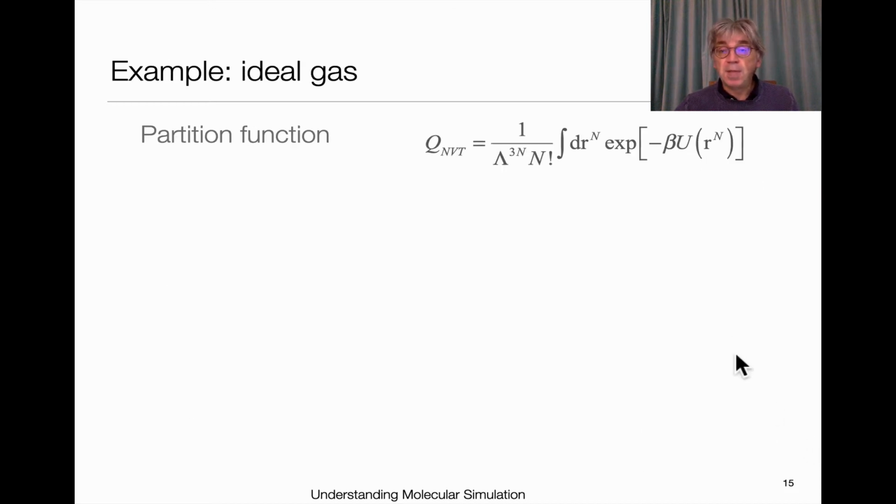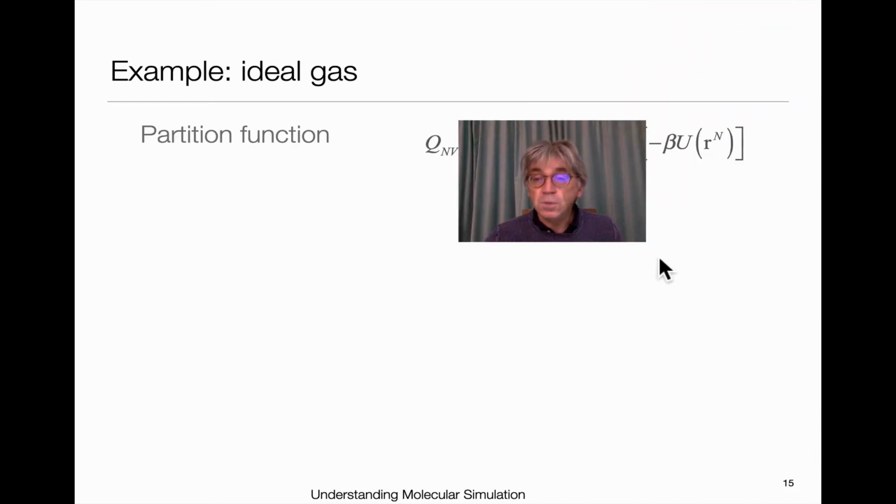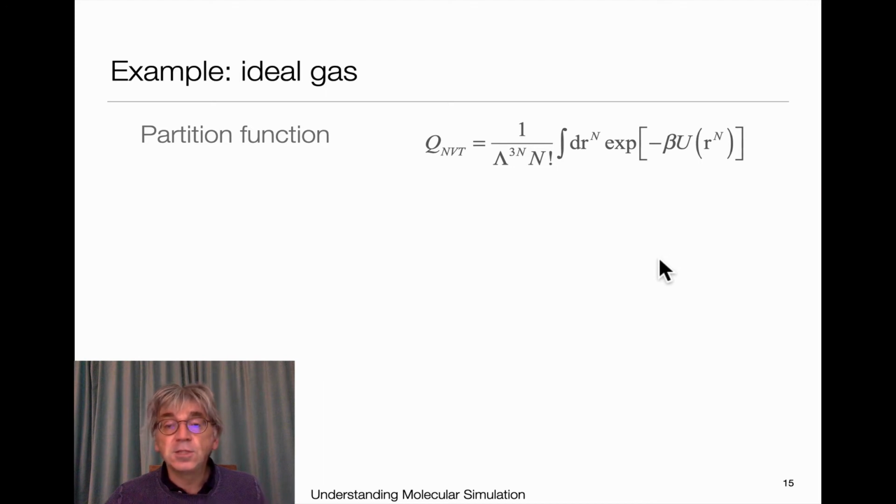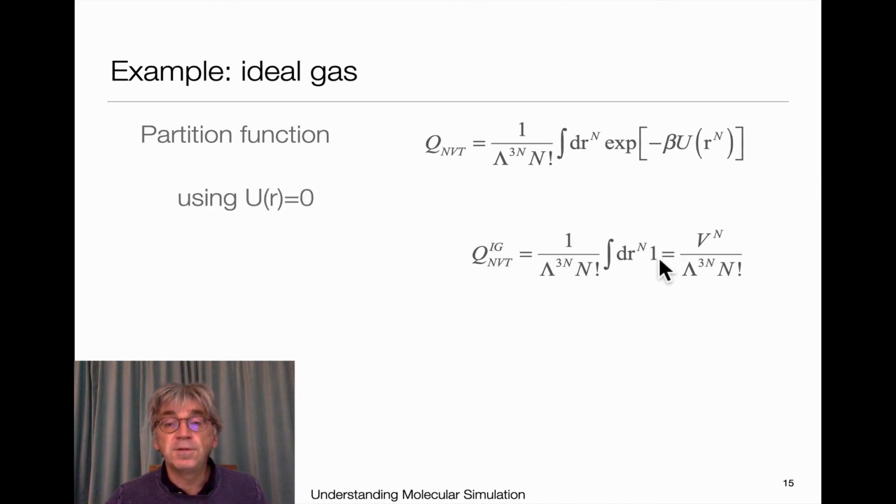So let's look at it again. In many cases it's important to have a reference, and often the reference state we use in a free energy calculation is the ideal gas. In the ideal gas there are no interactions, so the interactions are everywhere 0. If we then take the exponential of 0, we get 1. So this integral is then for one particle the volume, and for n particles the volume to the power n.